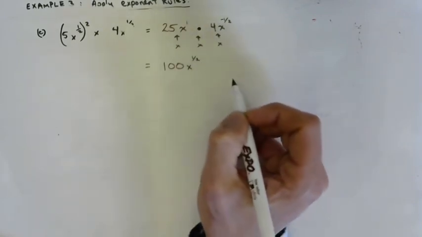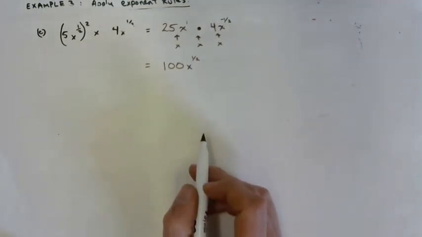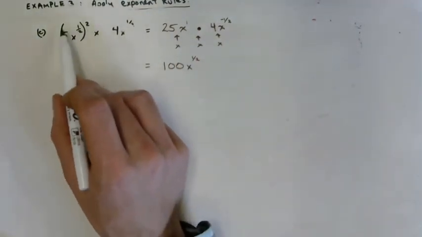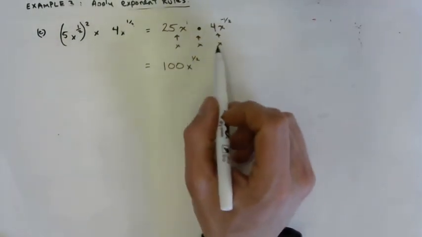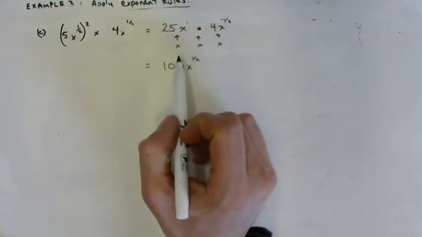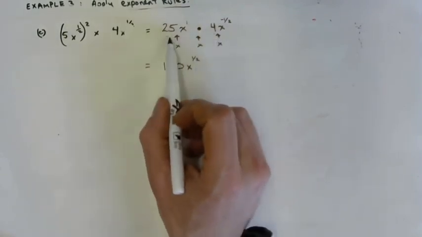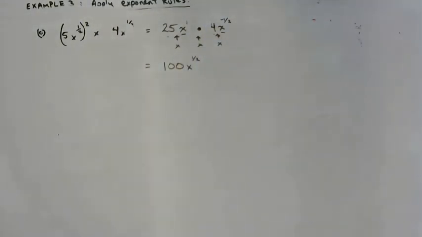Okay, so again, it looked pretty ugly, but we're remembering a couple of properties: the power of powers law, then the product law, and the idea that multiplication is commutative. We can multiply the numerical parts together and your variable parts together as long as the base is the same, right?